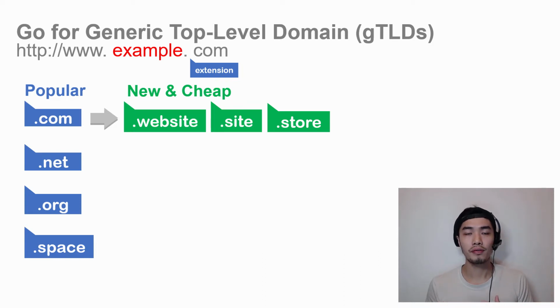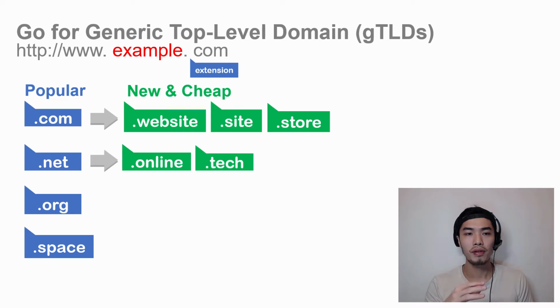.store is basically for an e-commerce website or a shop website where you're going to sell things. Or for .net, you can replace it with .online or .tech for personal bloggers who want to showcase their ideas or their personal life. Most people choose .online instead of .net. And .tech is quite a fancy name, so it seems like a very technological website.